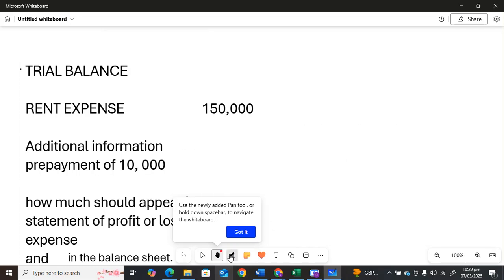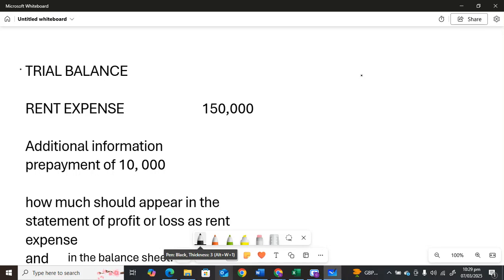So originally, what is the original journal entry when this 150,000 is paid? What's the journal entry? Debit rent 150,000.